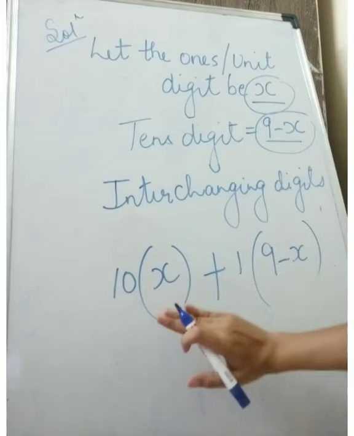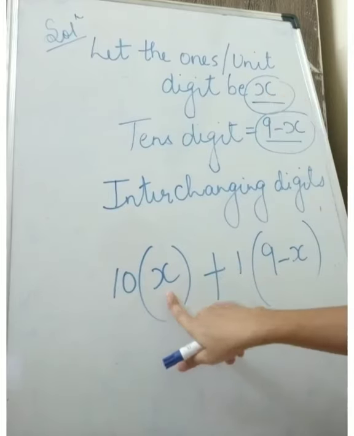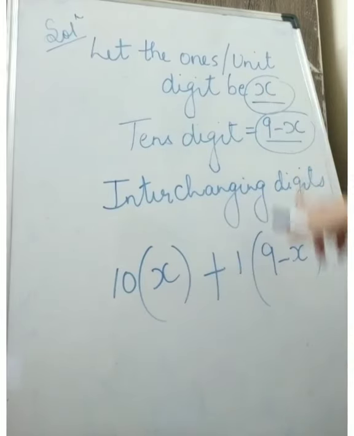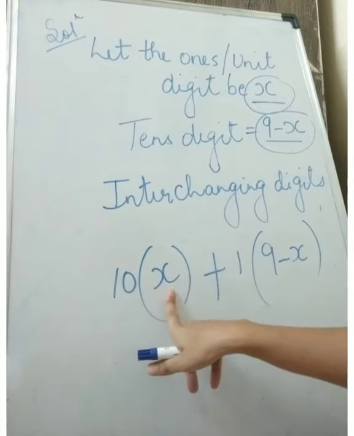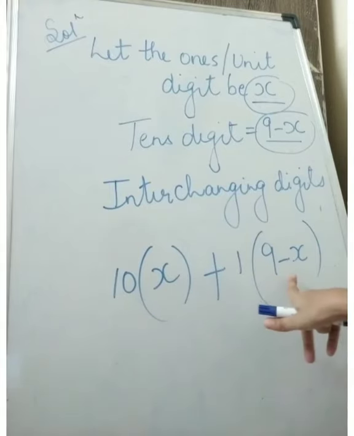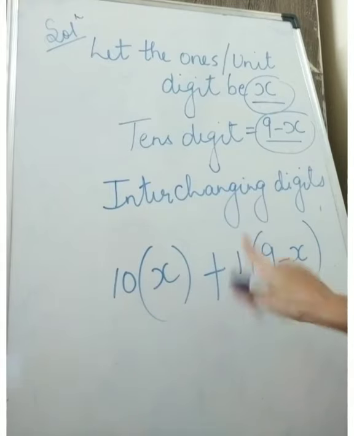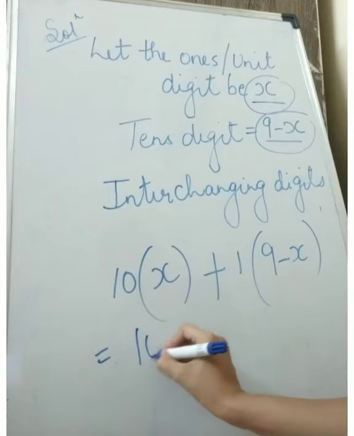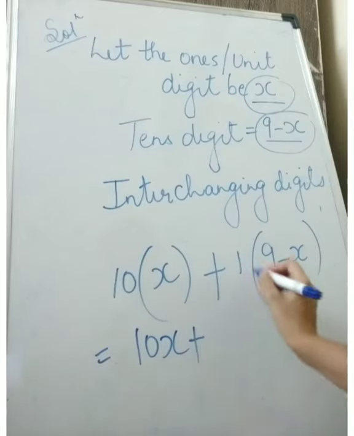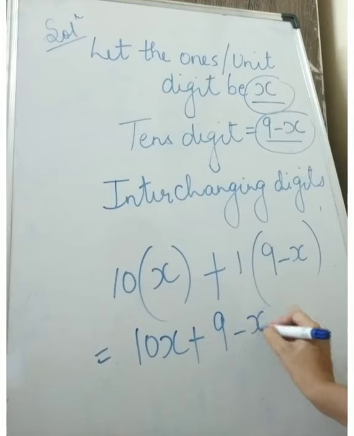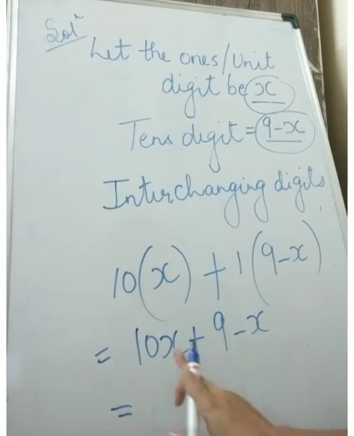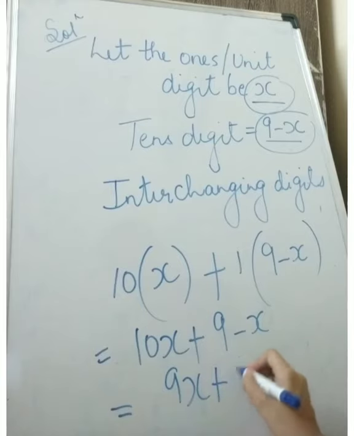So tens place number we multiply with 10 and ones digit number we multiply with 1. So it will become 10x plus 1 nine is 9 minus x. So 10x minus x will become 9x plus 9.